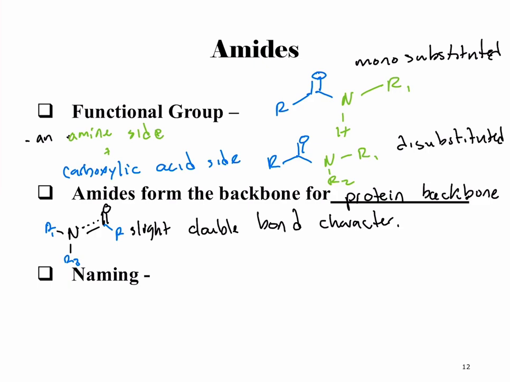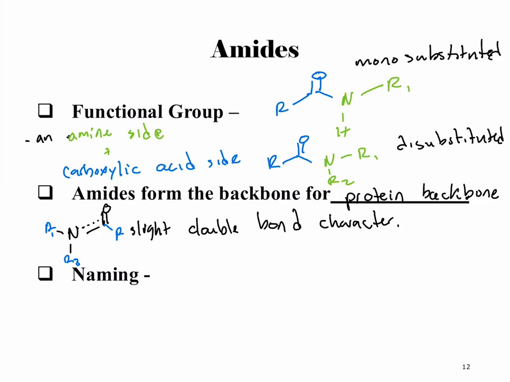This bond is slightly double bond in character, which means that it's kind of hard to rotate it. It isn't something that will affect your understanding of amides very much, but in terms of proteins, it's important because this restricts the rotation of the protein backbone. And what we'll learn is that with proteins, structure and function go hand in hand. If you break the structure, you break the function of the protein or enzyme.